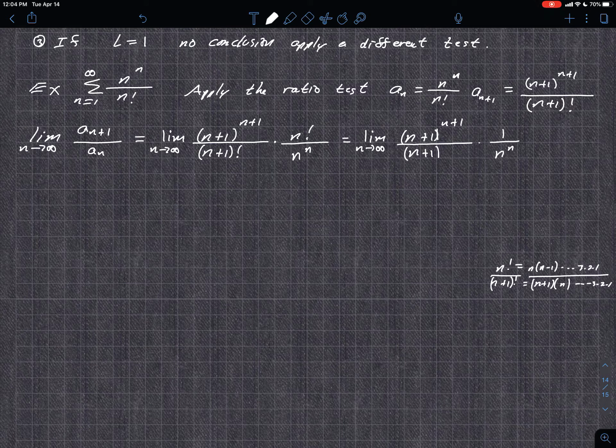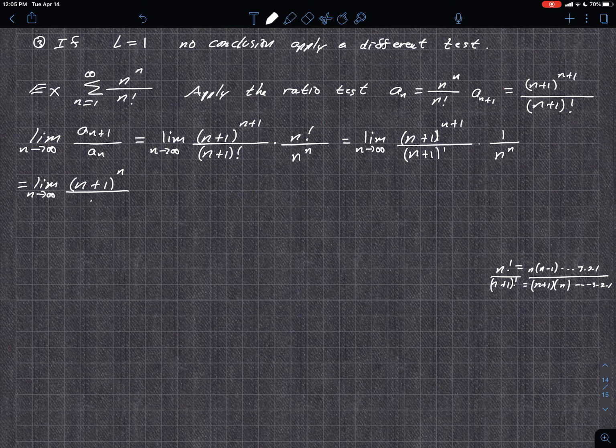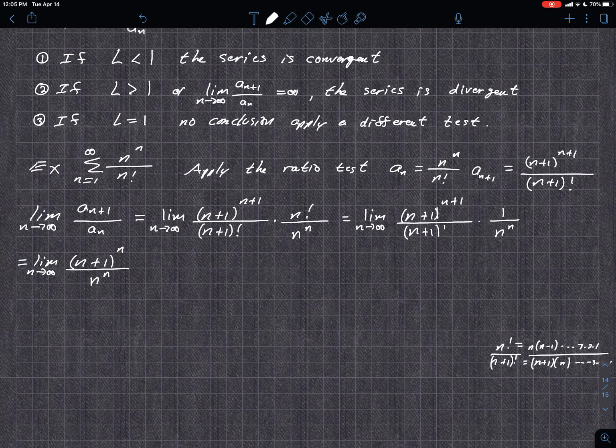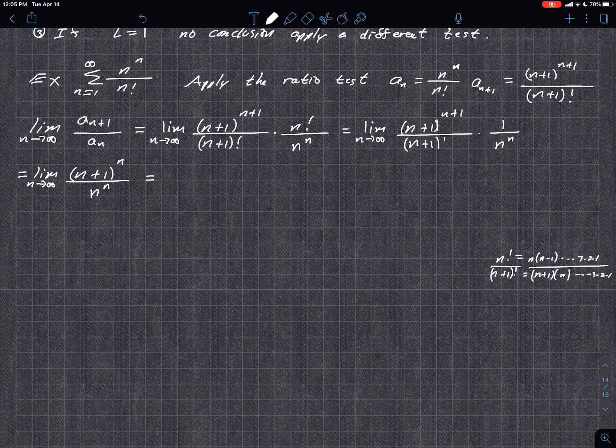Okay, so keep going. What you have then is the limit as n approaches infinity. Then you have n plus 1, so this is like a 1 here, and you end up with n plus 1 to the n over n to the n.